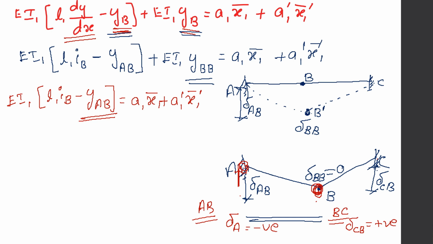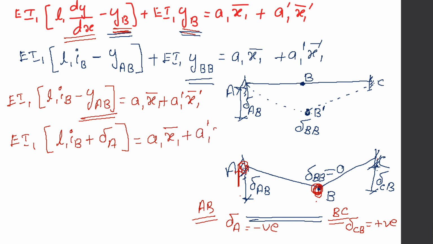So that we get EI1 into L1 into IB plus delta A, because minus of minus delta A is plus delta A, is equal to A1 into X1 bar plus A1 dash X1 dash bar.